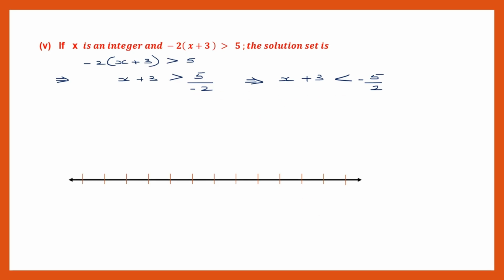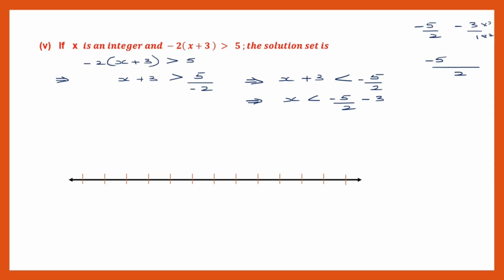Now let's solve this. So here this will be x is less than minus 5 by 2 and I've transposed this 3 to the other side. It becomes minus 3. Now here we have to simplify this. Minus 5 by 2 minus 3. So let's do that. Minus 5 by 2 minus 3 by 1. So here LCM will be 2. So here we have minus 5. Here 1 into 2.